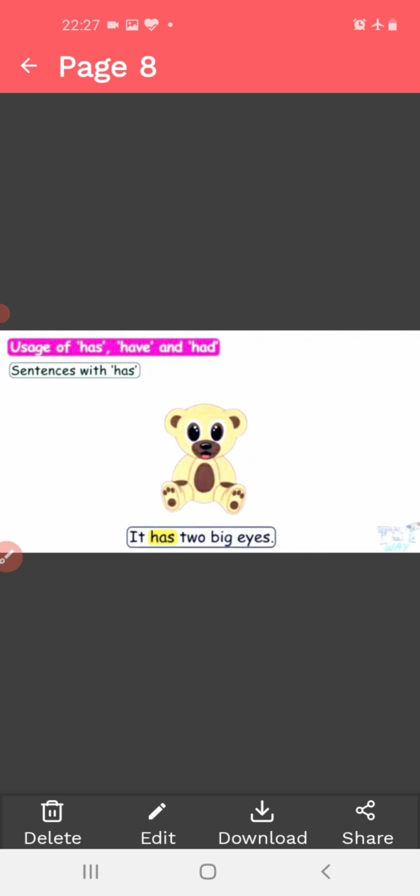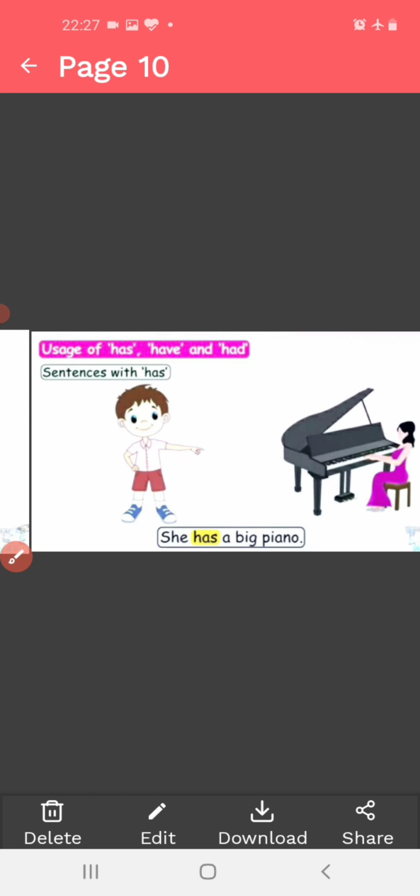The next one is: it has two big eyes. Here you can see this is a toy, there is a single toy, so it is used. It is a singular pronoun and has is used with it.